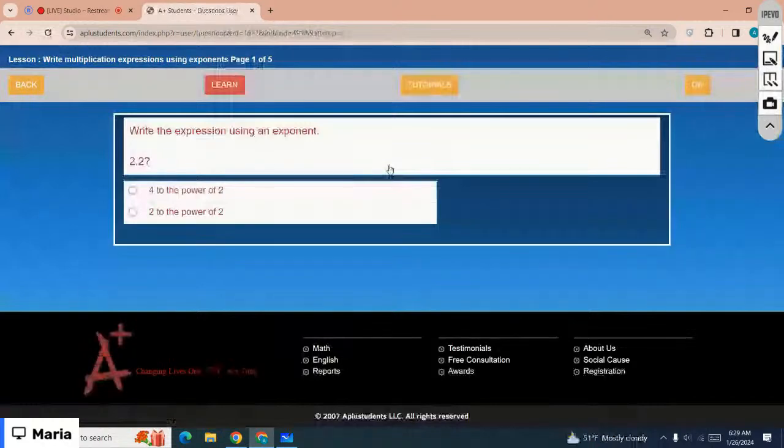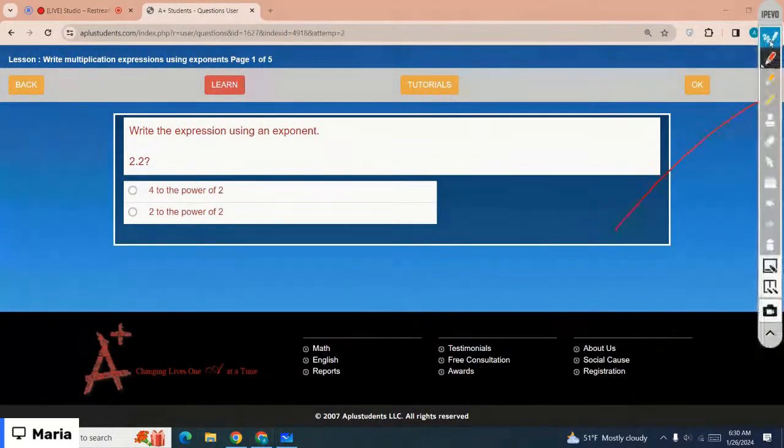You're given an expression that is 2 times 2. You have to write it using an exponent. So how do we write it? You are multiplying 2 how many times? 2 times. So you can write it as 2 exponent 2, right? 2 times 2 equals 2 exponent 2. 2 exponent 2 means you are multiplying 2 two times.